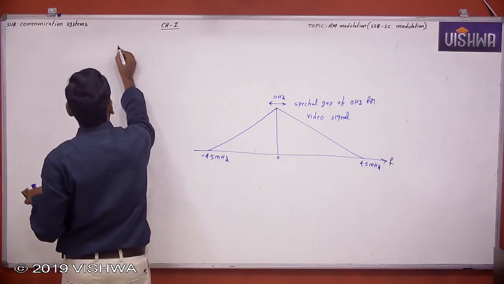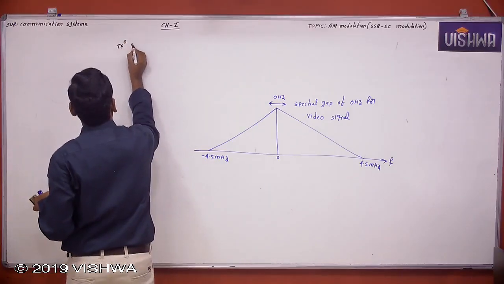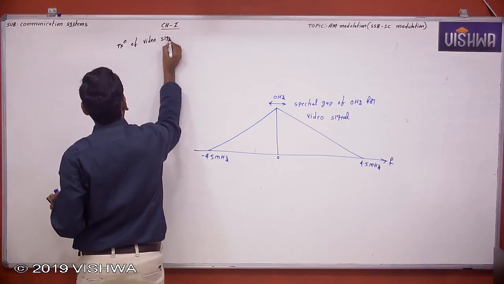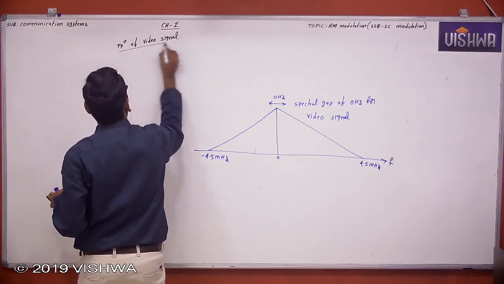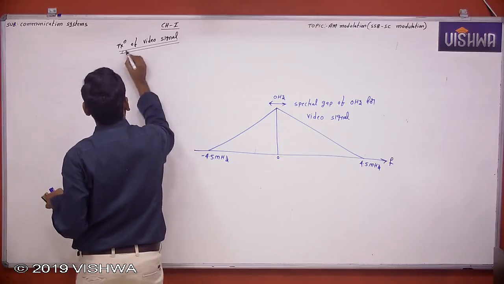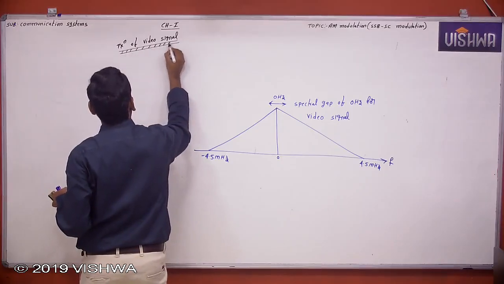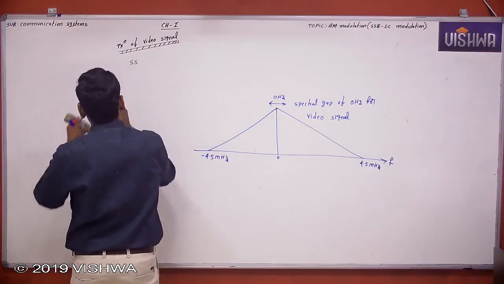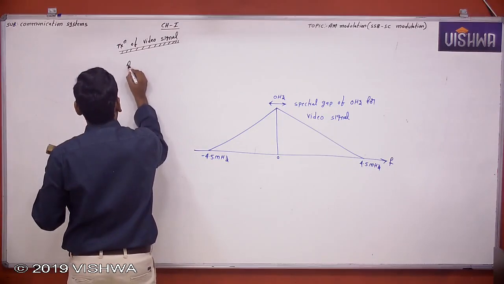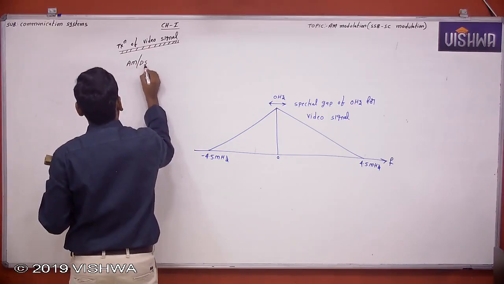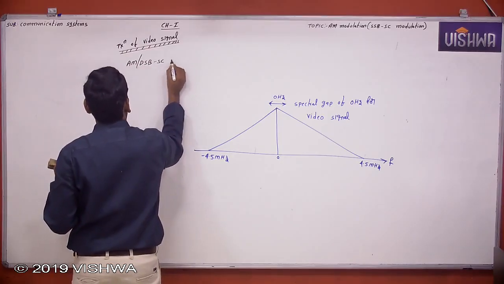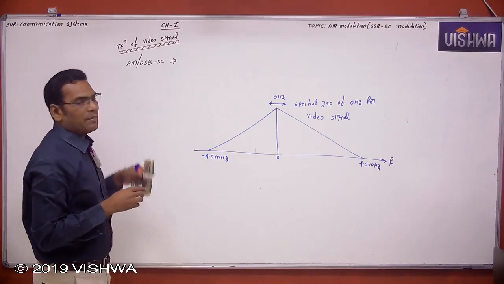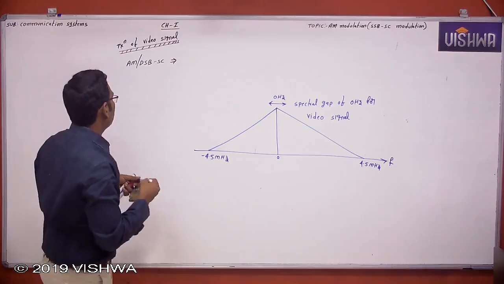Transmission of video signal. Let us say this is the transmission of video signal. Now, if you want to transmit this video signal by using AM or DSB-SC, not a problem. If you want to transmit this video signal by using amplitude modulation or DSB-SC modulation, what is the bandwidth required?